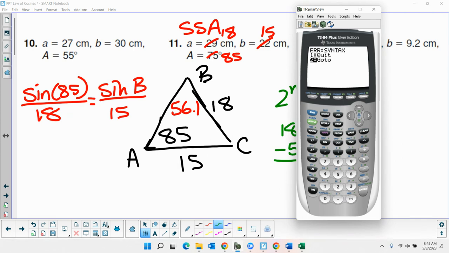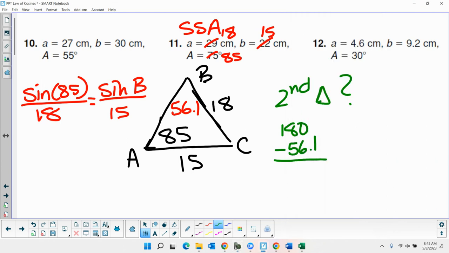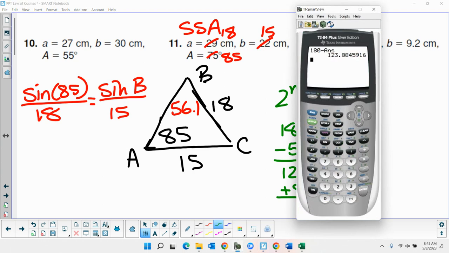What happened? No, I don't need that. Delete that. All right, that's 123.9. Now you add the original, 85. So I go plus 85, and I get 208.9.